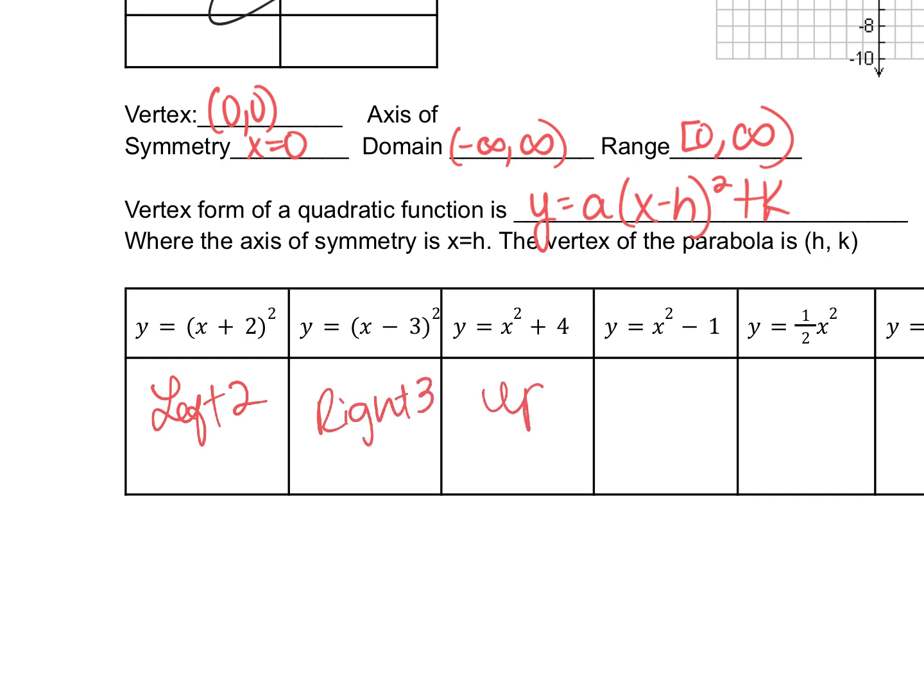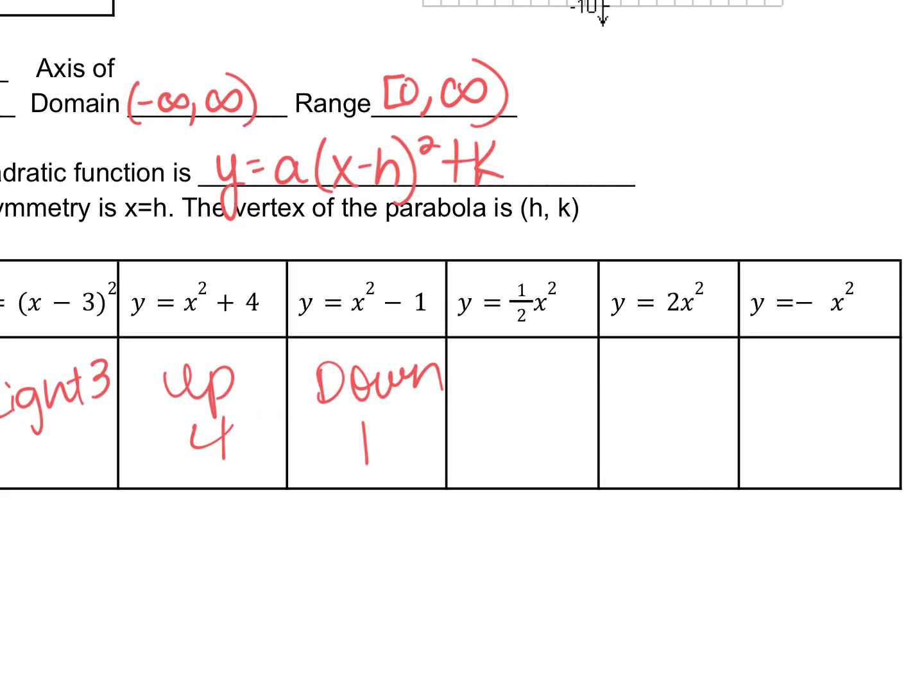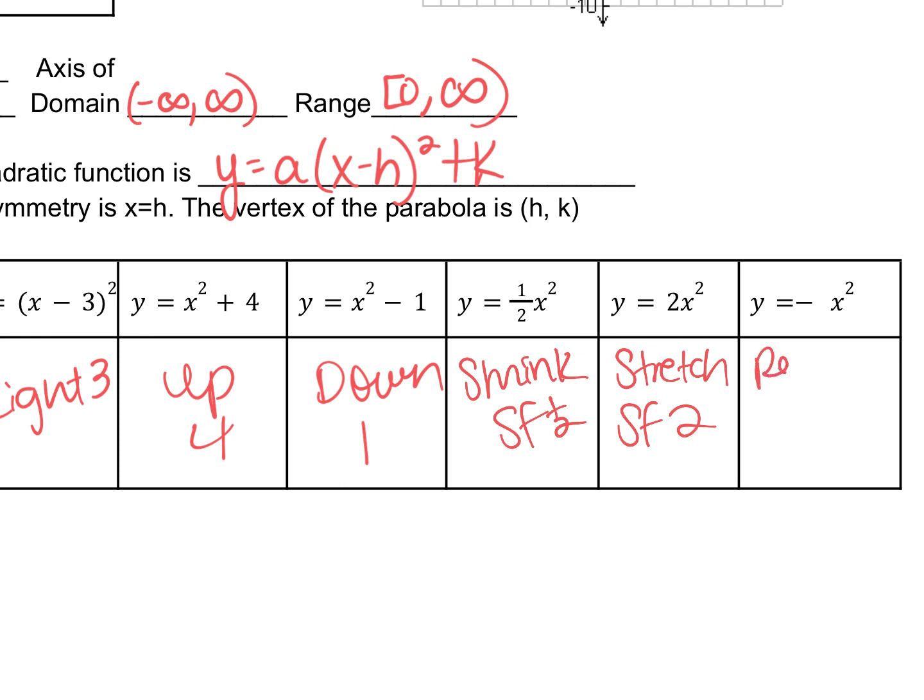Plus 4 on the outside will be up 4. Minus 1 on the outside is down 1. A 1/2 out front is a shrink with a scale factor of 1/2. The last one is a stretch, scale factor of 2. Oh, and there's one more. The negative out front is, of course, a reflection, which makes it a sad parabola.